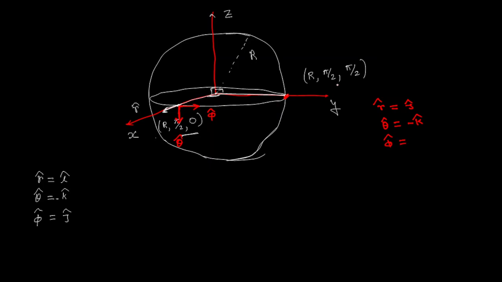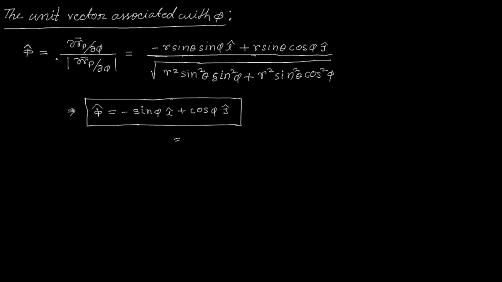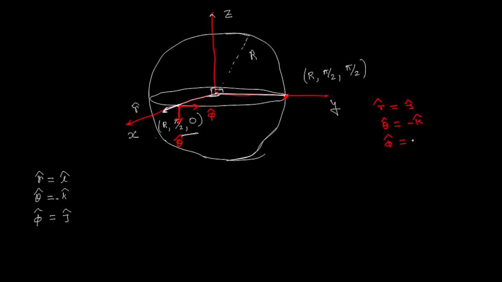And the value of phi cap? When you put theta equals pi by 2 and phi equals pi by 2, we get minus I cap. So phi cap equals minus I cap. Again, if you want to draw r cap, theta cap, phi cap here, r cap will be in this direction.